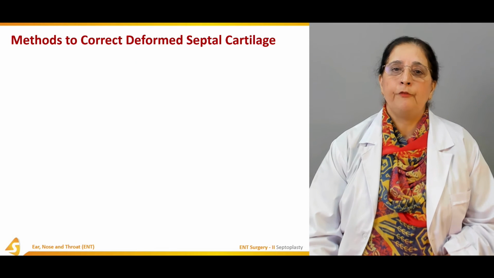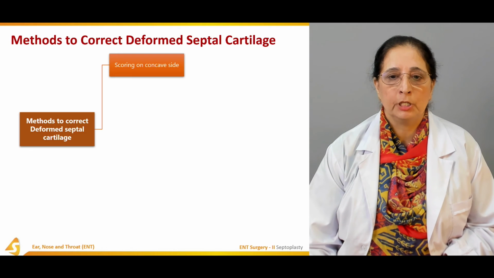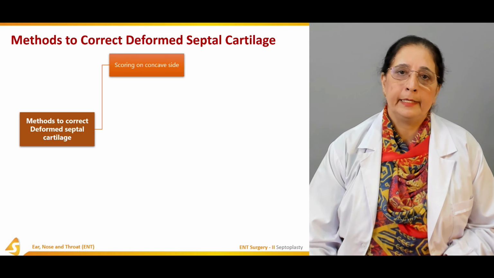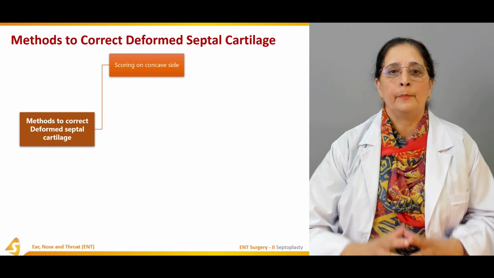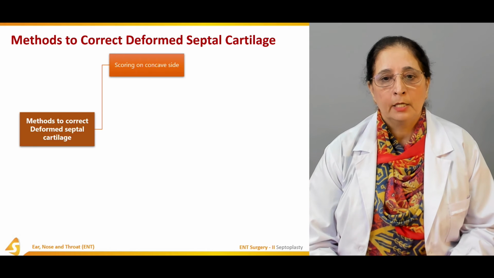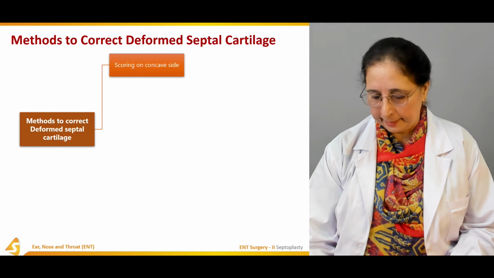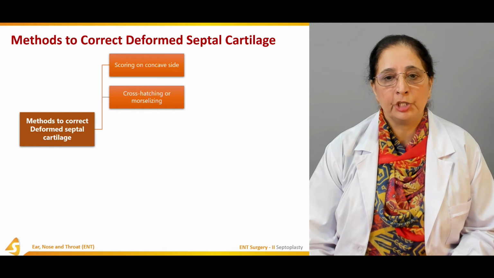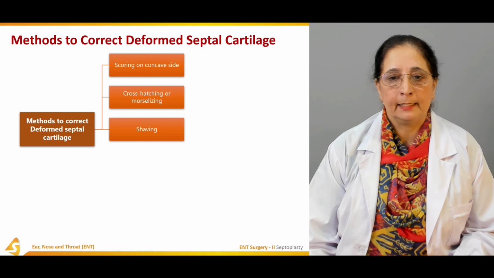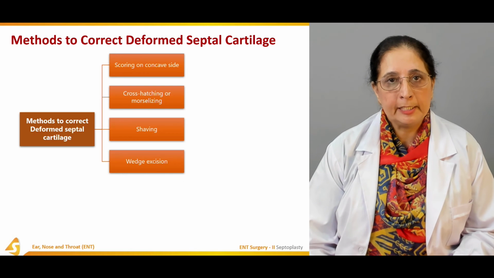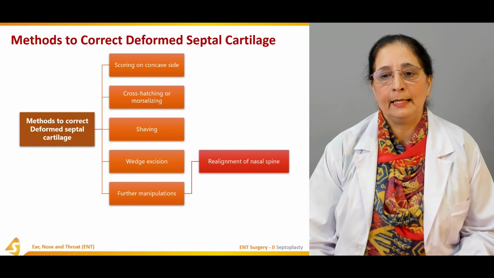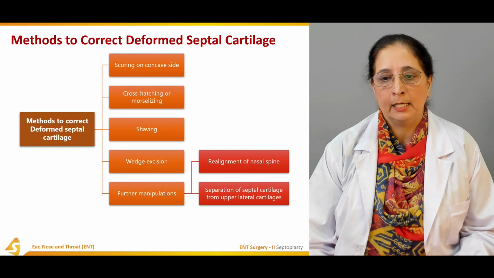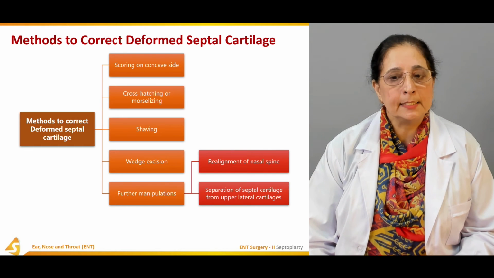Methods to correct deformed septal cartilage: scoring on the concave side, cross-hatching or morselizing, shaving, wedge excision, and further manipulations by realignment of the nasal spine, and separation of septal cartilage from upper lateral cartilages.